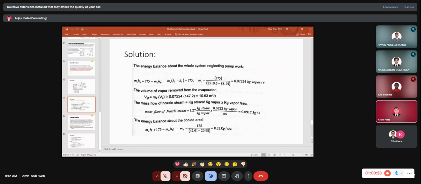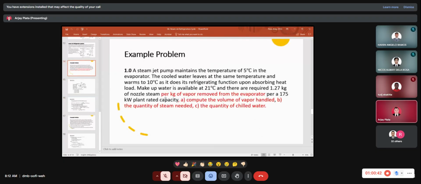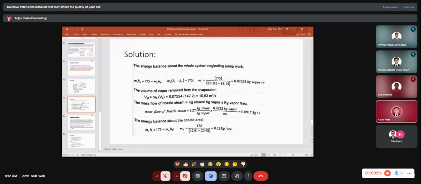V3. So can you please check saan galing yung 147.2? Yung V3 natin. Yun yung volume na itong VGF is the volume of vapor removed from the evaporator.